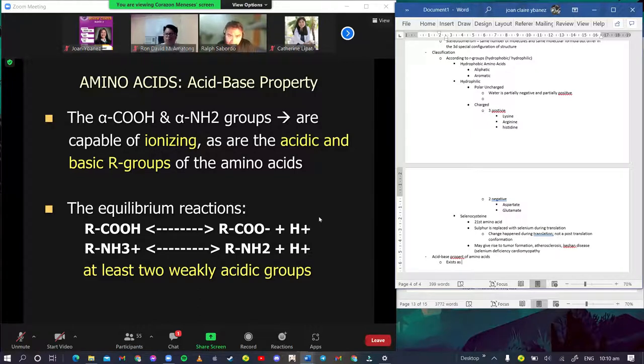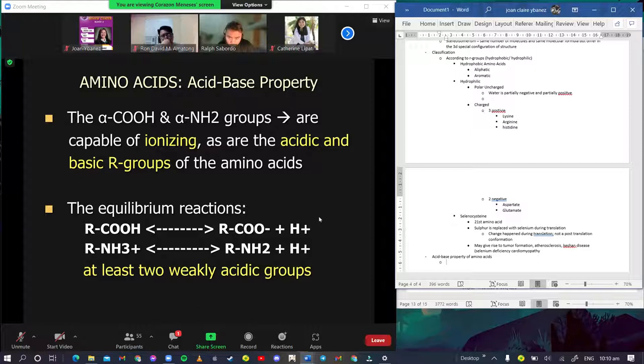And this has something to do with the ionizable groups found in these two parts of the amino acid structure, the alpha amino and the alpha carboxyl group, as well as the acidic or basic group. So it is about the pK value of the ionizable group and the pH of the existing environment.